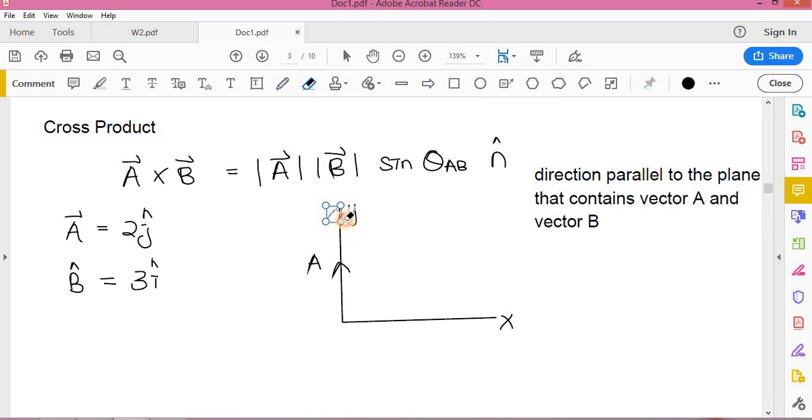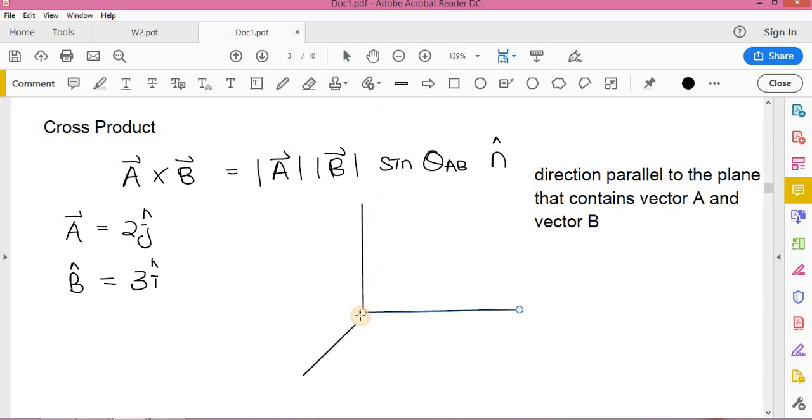So I will wrap this thing up. I have to use 3D, with Z, Y, and X axes.